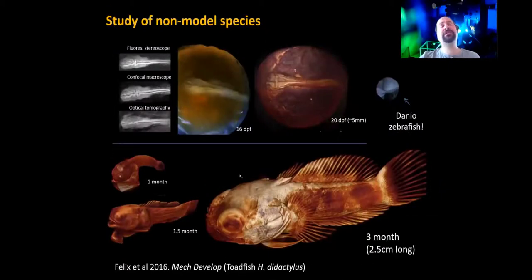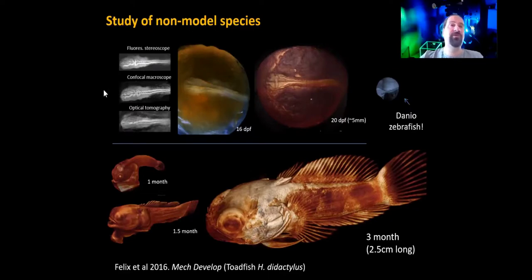Now, just to give you another example of another project that we've worked on. There was this challenging toadfish here in Portugal, and a group from the University of Lisbon came for our help, because it's possible to obtain images on your stereoscope with this, but you cannot actually see inside and see the anatomical details. They were actually interested in the development of hearing and sound production abilities of these toadfish.